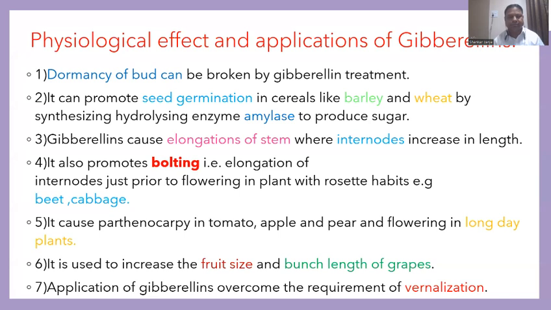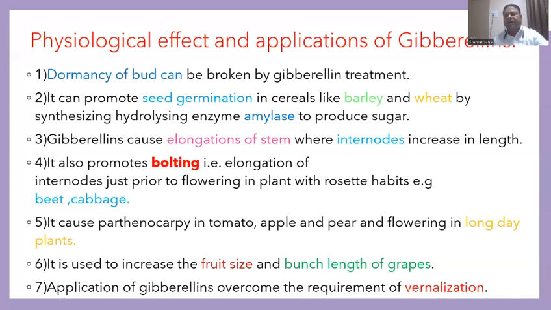Next point is, it is used to increase the fruit size, especially in grapes. When we spray the gibberellins on the fruit, the size of fruits increases, especially in the grapes. Bunch length of grapes gets increased by the application of gibberellin. Next, application of gibberellin overcomes the requirement of vernalization.